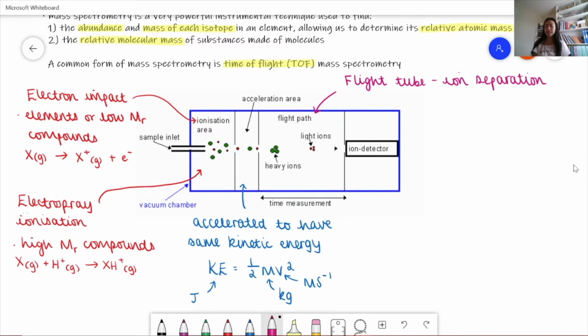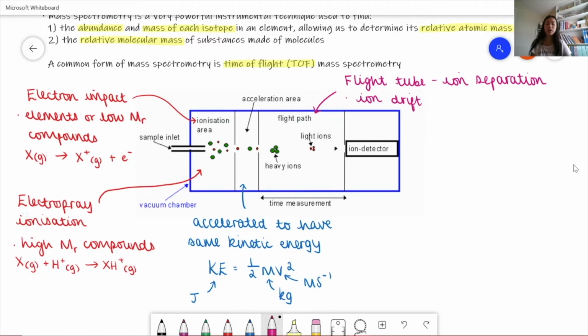So what happens is that the ions enter the flight tube, and this is called ion drift. And depending on their mass, they move at different speeds. And so the time it takes for them to reach the ion detector varies.